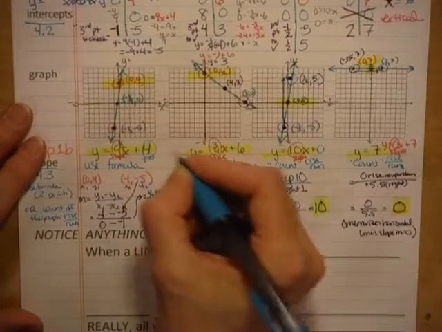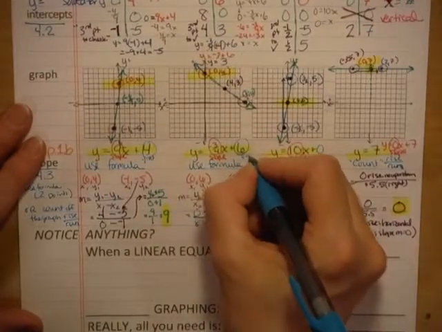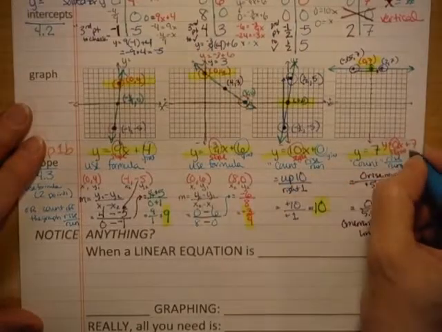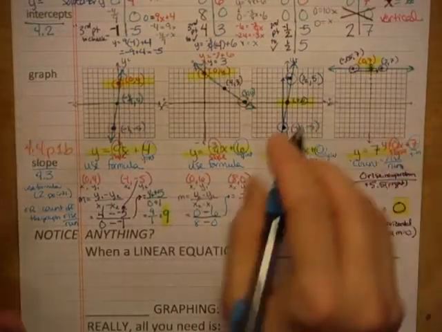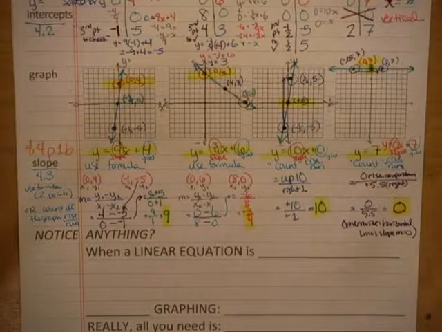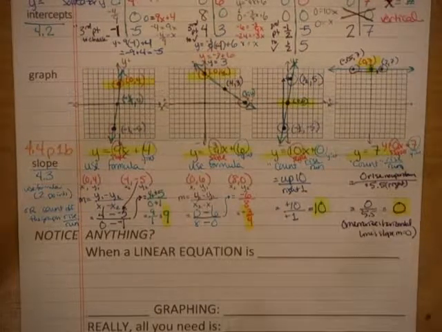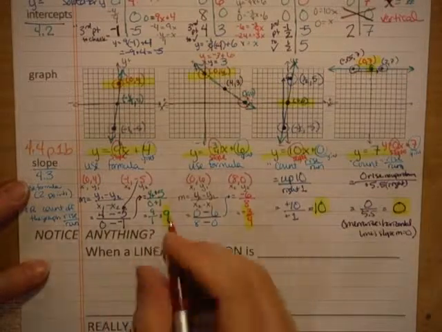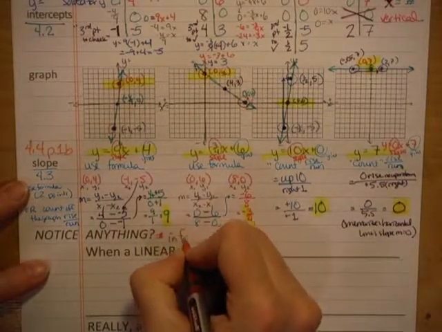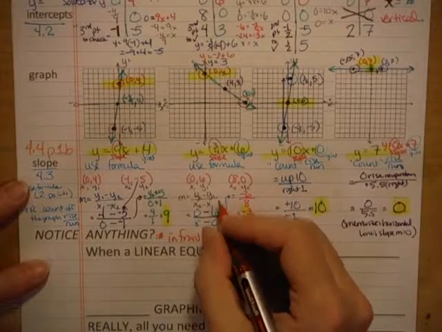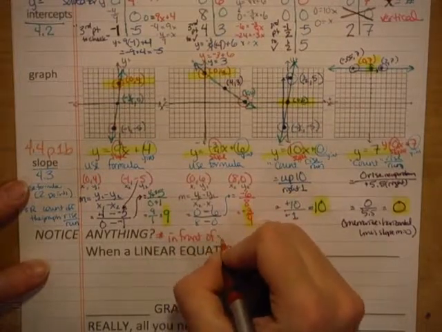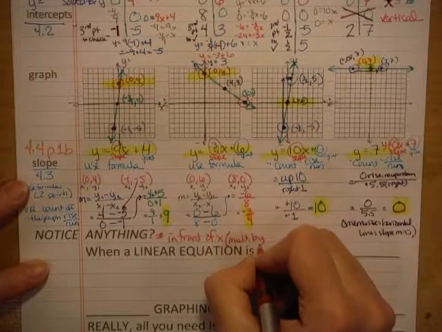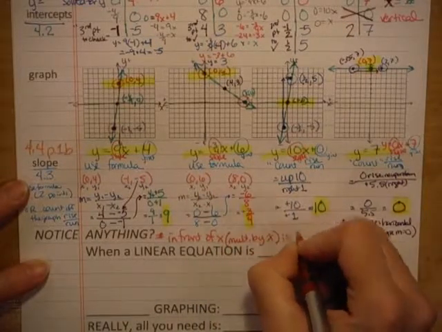This is your y, this is where it crosses the y-axis. It's the y-coordinate of the y-intercept, to be more specific. Okay, so let's put that into words here. What do we notice? We notice that the number in front of x, the one that's being multiplied by x, is the slope.